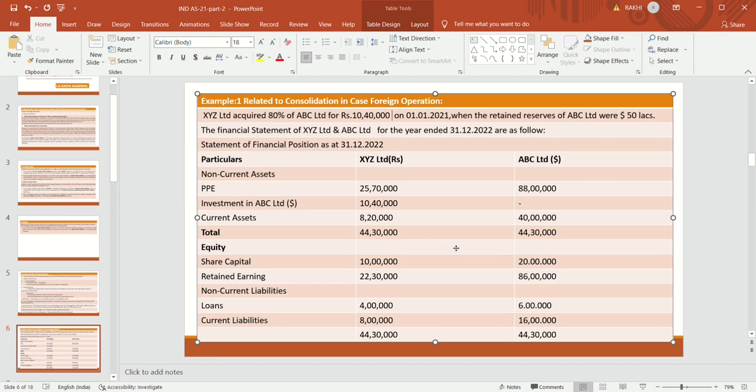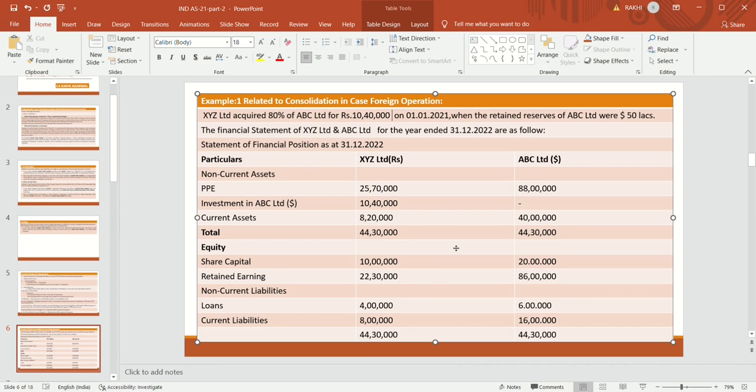ABC Limited is a foreign company and XYZ is an Indian company. The Indian company acquired an 80% stake in ABC Limited at rupees 10,40,000 on 1st January 2021, and on that date ABC had a reserve of $50 lakhs.